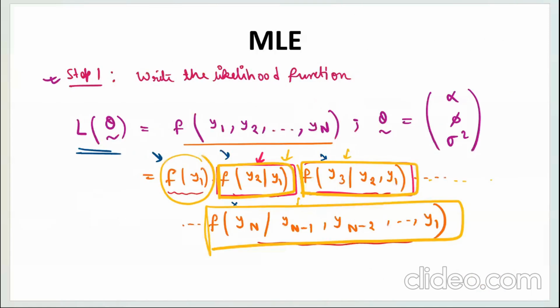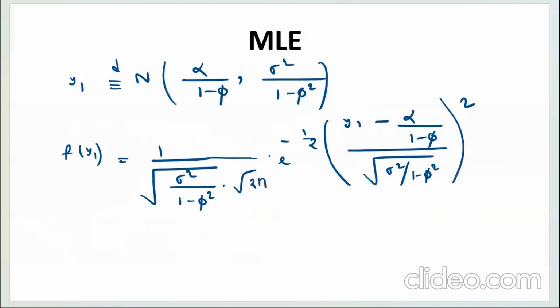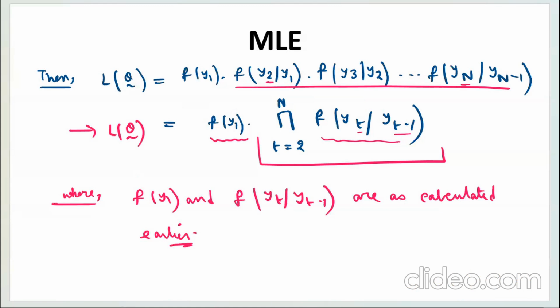Yes, this was the likelihood function in the case of the AR1 process. We explicitly knew what f of y1 is; we found the marginal of y1. Then we calculated this expression, and this expression, and everything in between. So we knew each and every term, and the likelihood we got from there was the exact likelihood function.